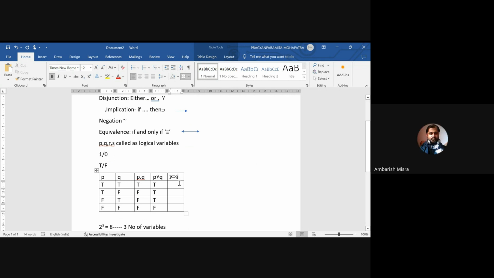P implication Q will be false only when the antecedent is true and the consequent is false. Otherwise, it is true.